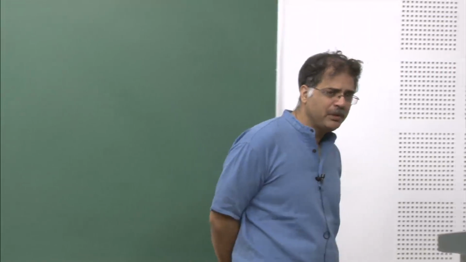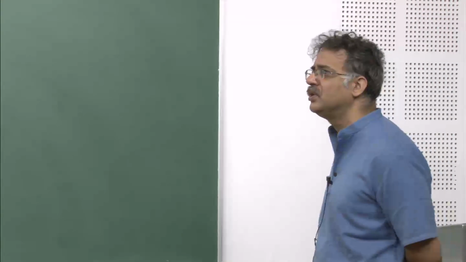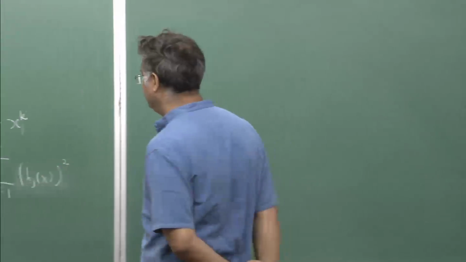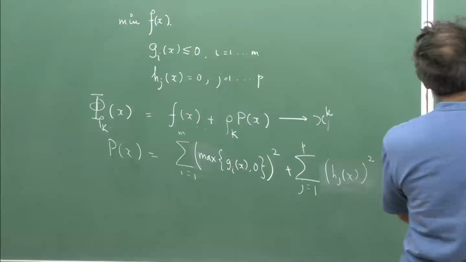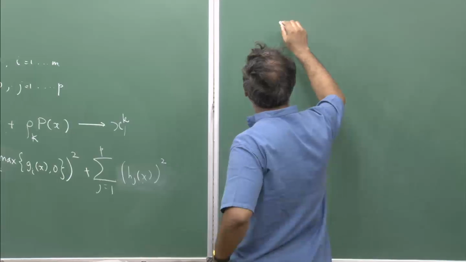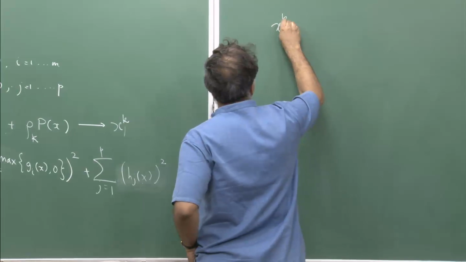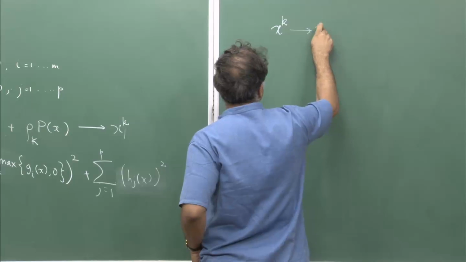And now, let me assume that the sequence of local minimizers converges to some point. So, let me assume that xk goes to some x star.